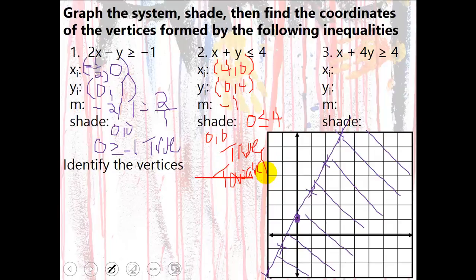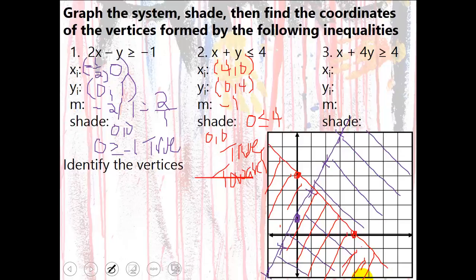So I have 4, 0. 1, 2, 3, 4. Here's that point. And 0, 4. 2, 3, 4. Solid line. And I have to shade towards. So remember, what are we looking for? We're looking for where they overlap, so we're not going to include that red part up there, only where they overlap.